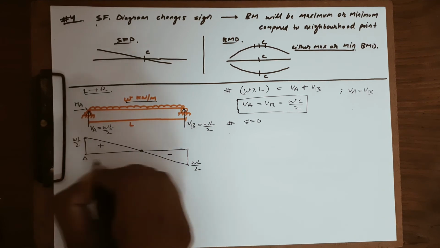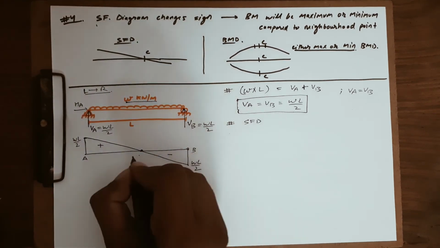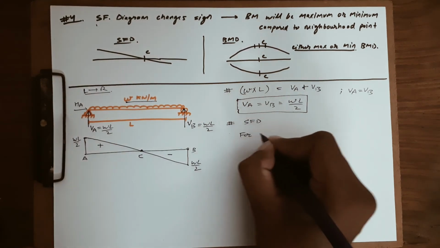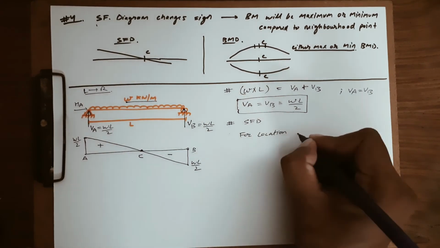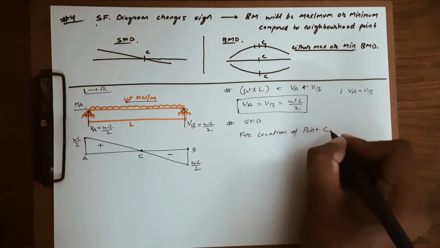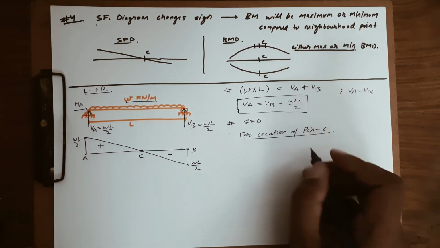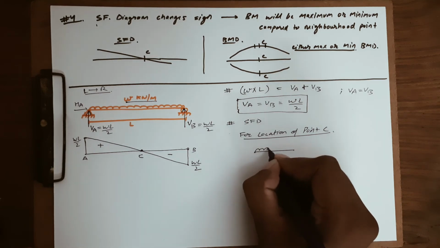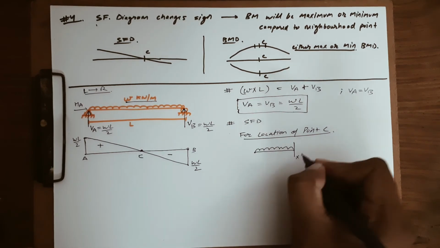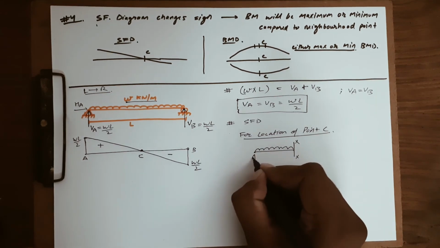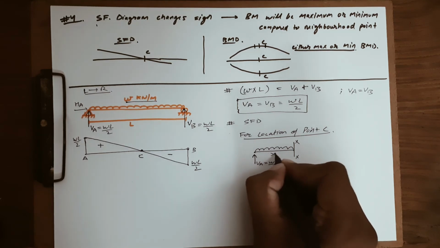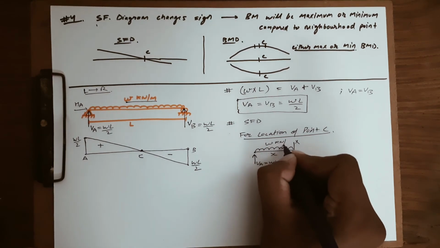So now we get three critical points A, B and C. Now we have to find the location of point C. For the location of point C, we cut a section using the method of sections. Here the UDL is acting and this is the section XX, and the support reaction VA is equal to WL by 2, this length is X and the load is W kilonewton per meter.